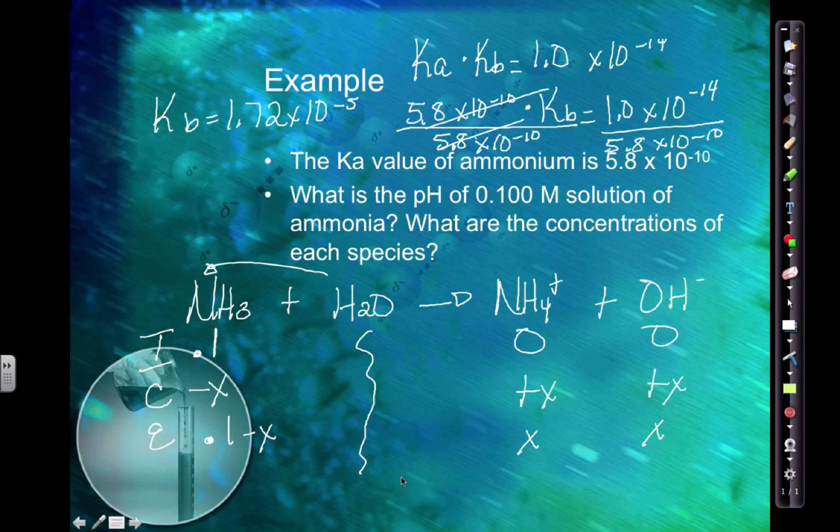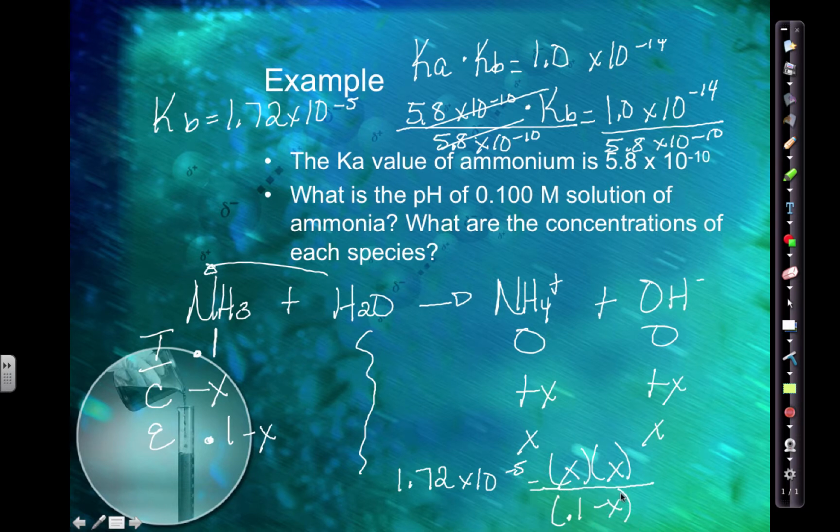Kb is 1.72 times 10 to the negative fifth, and that's equal to the concentration of ammonium, which is x, times the concentration of hydroxide, which is x, divided by 0.1 minus x, the concentration of ammonia. So products divided by reactants.